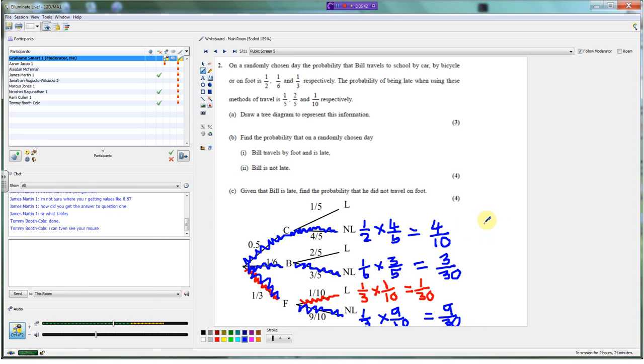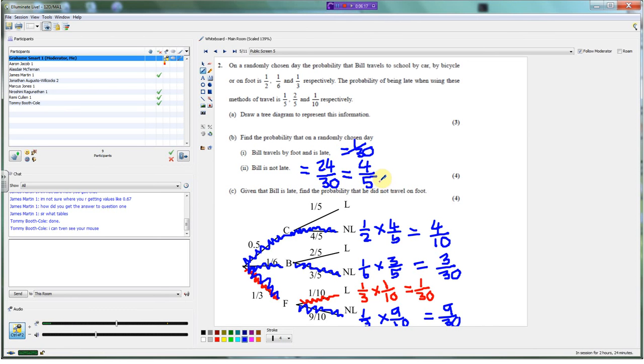So 4/10 is the same as 12 over 30. 12 over 30 plus 3 over 30 is 15 over 30, plus 9 over 30, so you get 24 over 30, which would cancel down to 4/5. And the probability of the first one is 1 over 30, and that's the probability Bill is not late.